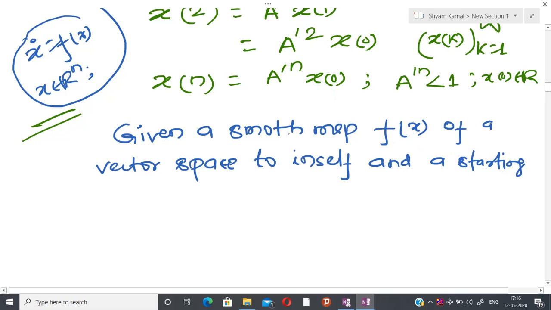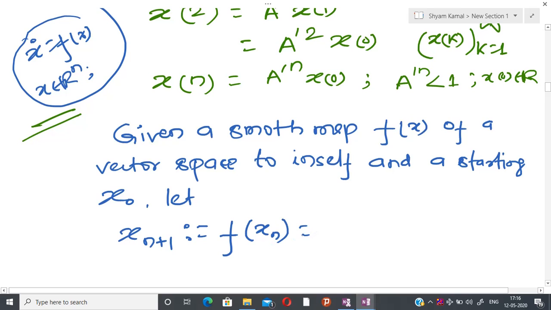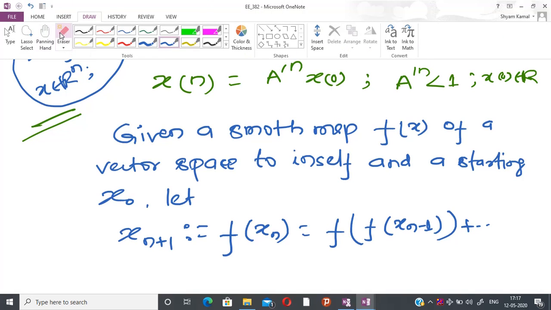So here the initial condition I am talking about is x0. Let, and at that time if you see the sequence basically, the sequence I can write like this. The next one is f(f(x_{n-1})), and in a similar way I can generalize this.